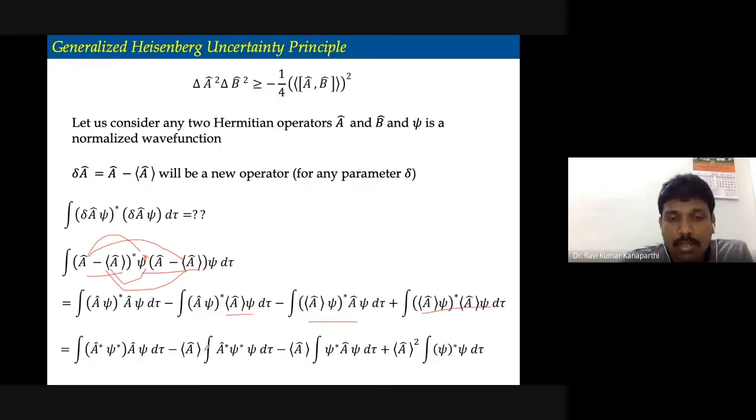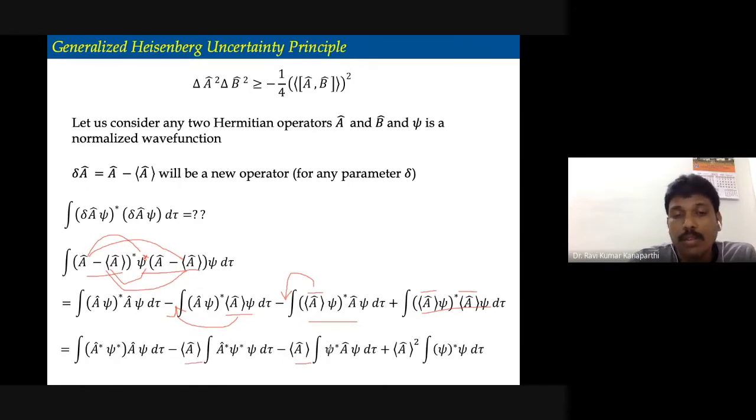Therefore you can actually move it outside the integration notation. Similarly, here there is an expectation value, or average value, of operator A, which you can also move outside. And here there are two, not one. So this is one expectation value of A and this is another. Therefore, the expectation values of A are moved outside the integration notation.